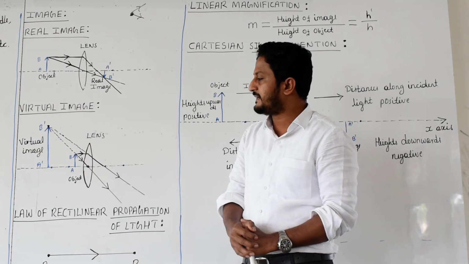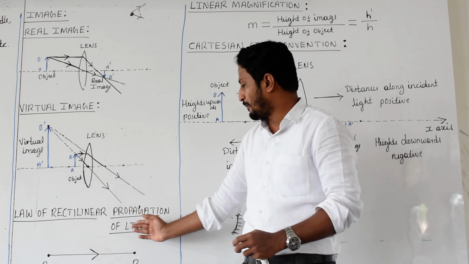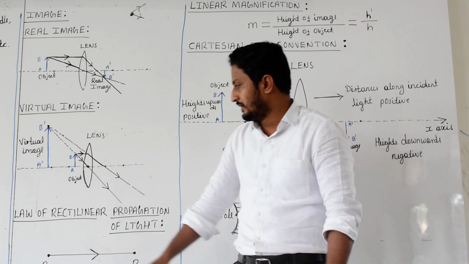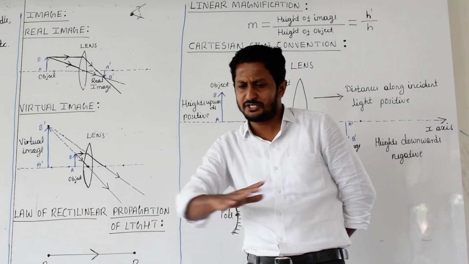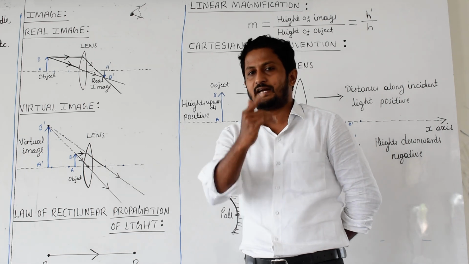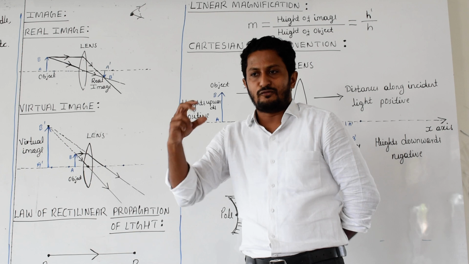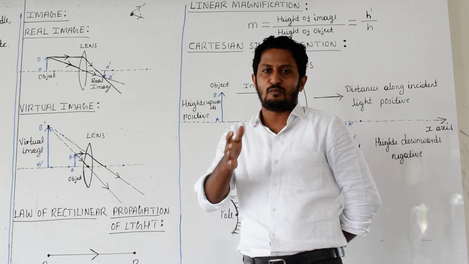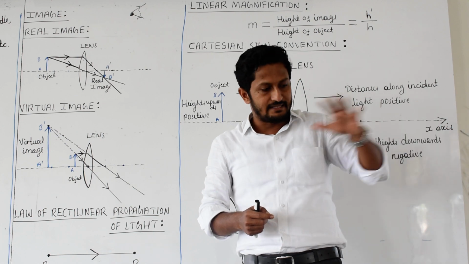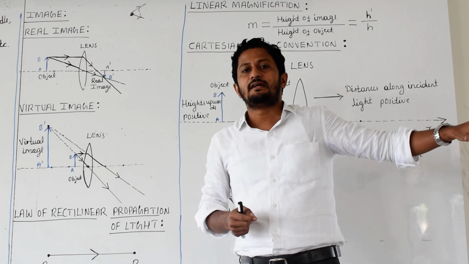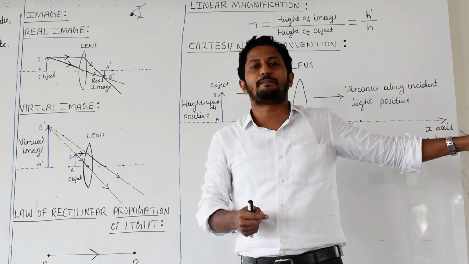This is about objects and images. After this, see here, I have written the law of rectilinear propagation of light. Propagation means movement. From the source of light or from one reference point to another, in that respective medium, light takes a straight line path.